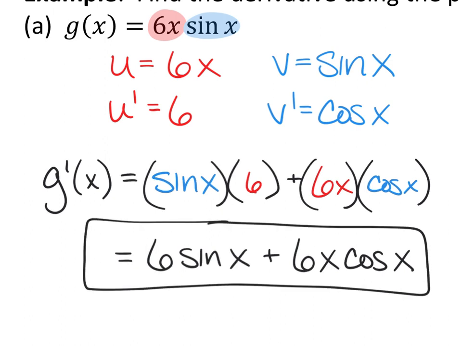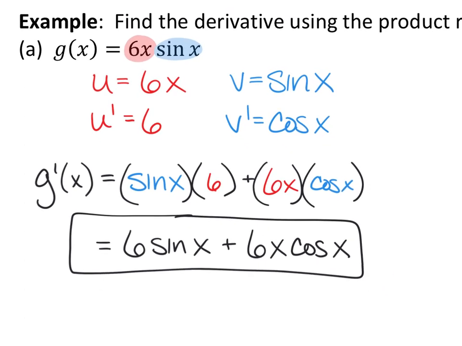So the derivative of 6x times sine of x is 6 sine of x plus 6x cosine of x. Did we follow? v u prime, u v prime. V is on the outside, product is plus.